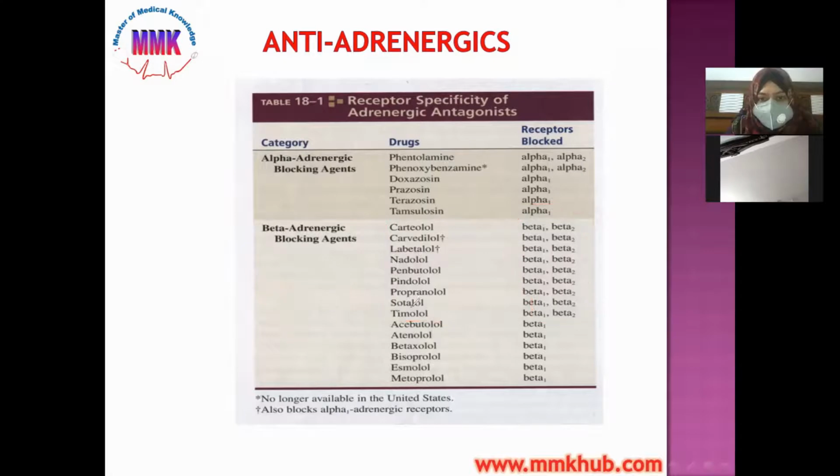Now, one more interesting thing: you can see that there is an asterisk in front of carvedilol and labetalol. This is because these drugs do not only work on beta receptors, but along with that, they also work on alpha receptors. So basically, these are non-selective alpha and beta blockers both.